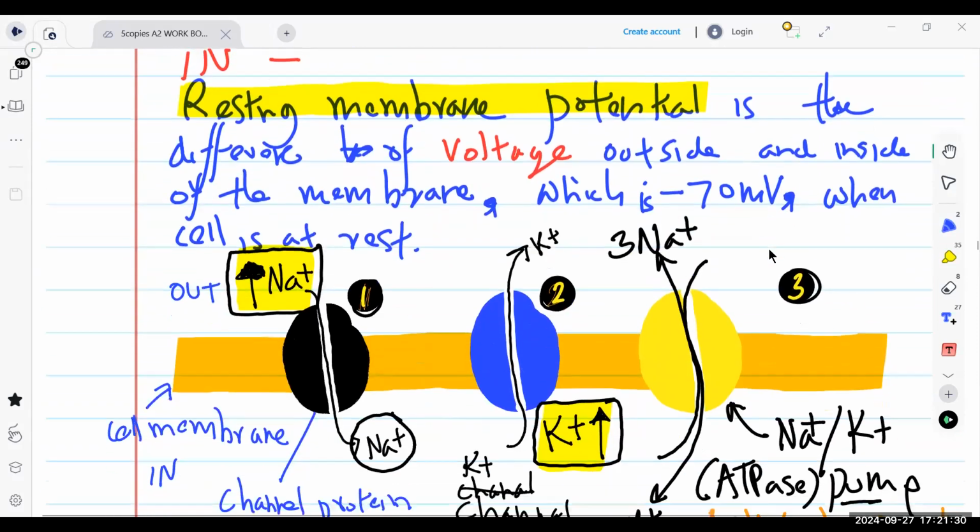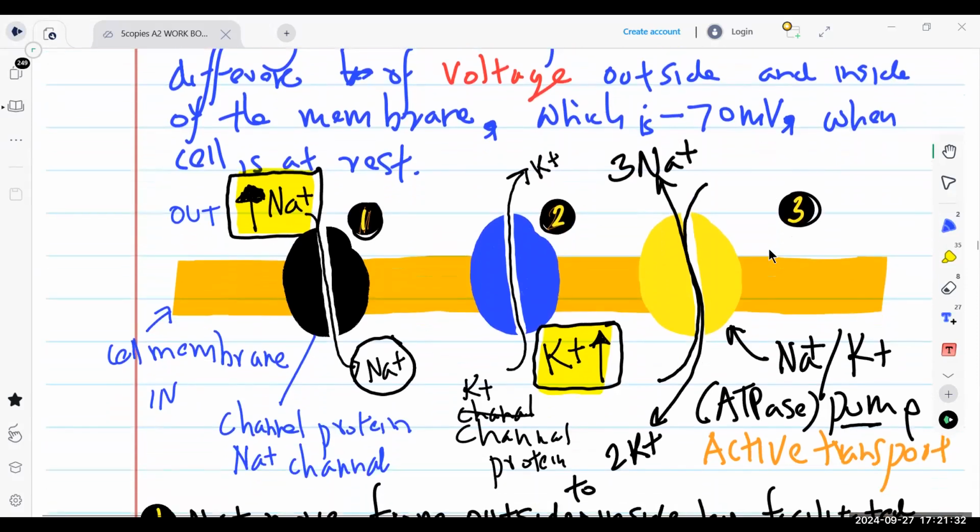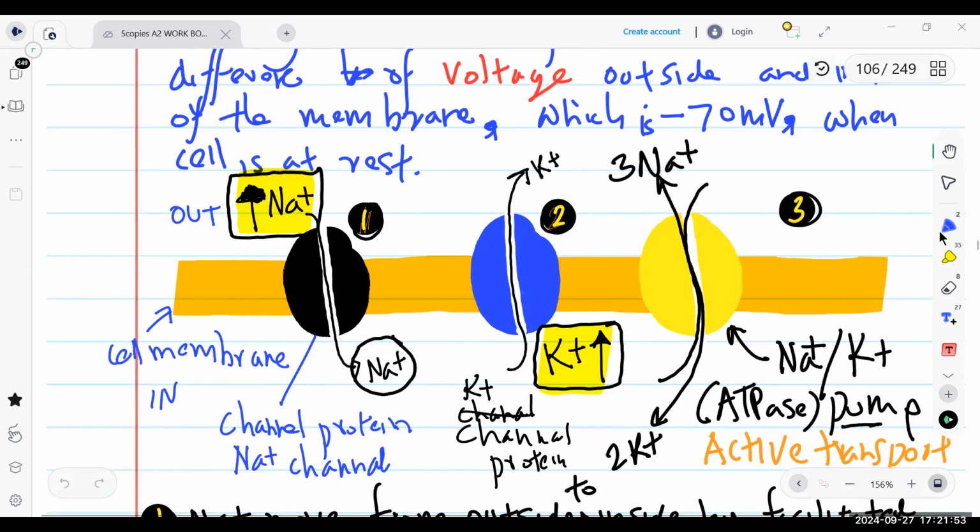And we learn these three transporters: sodium channel, sodium ion can come in; potassium channel, potassium can go out. This is continuously happening, but the membrane still maintains outside high positive and inside high negative charges. This is possible because of the sodium potassium pump.